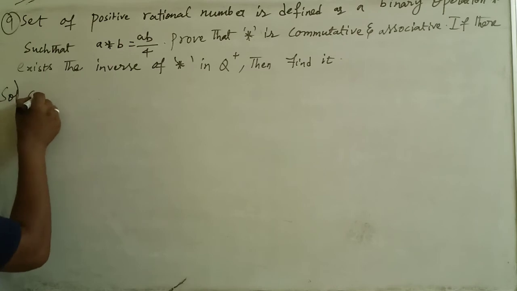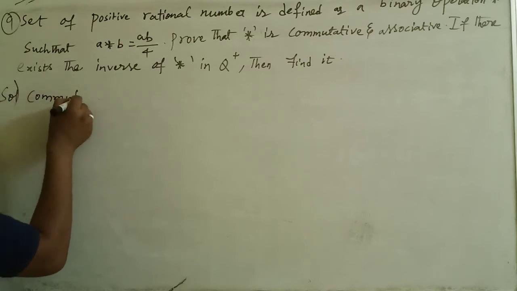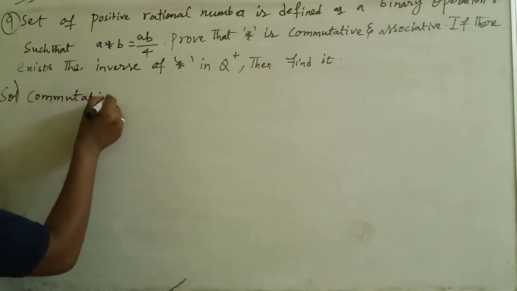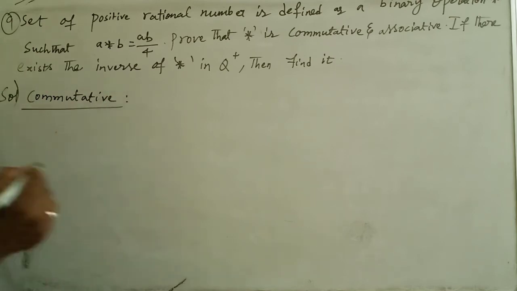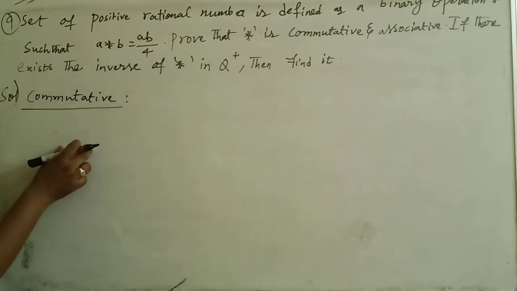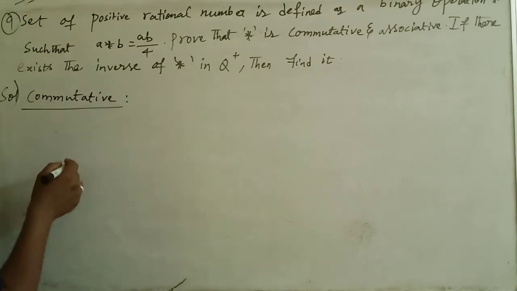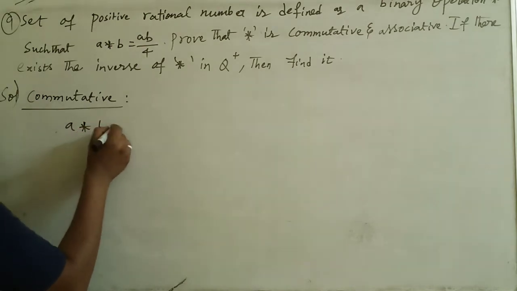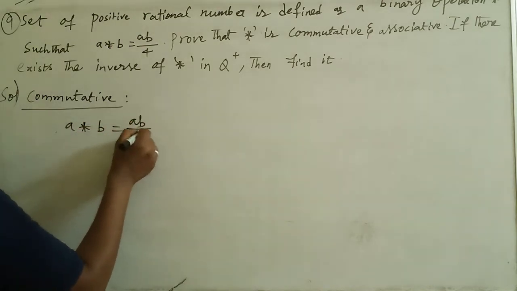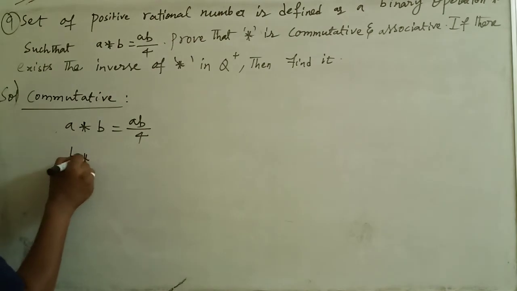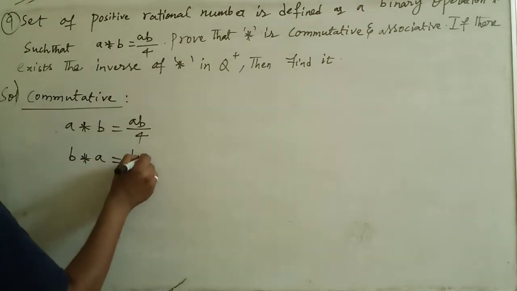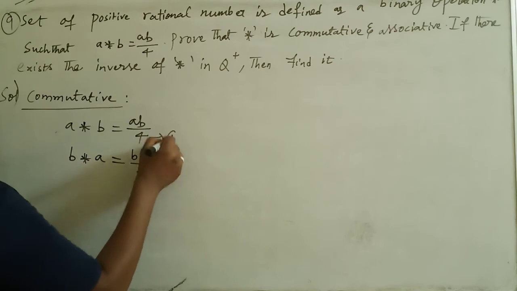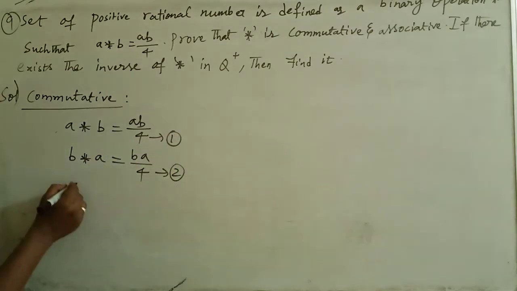So first, for commutative, I'm not writing the given data. You can write the given data. For commutative, what do I need to do? Commutative means a star b is equal to b star a, and I need to prove that. First, a star b is ab upon 4. Now b star a is ba upon 4. This is equation 1, this is equation number 2.